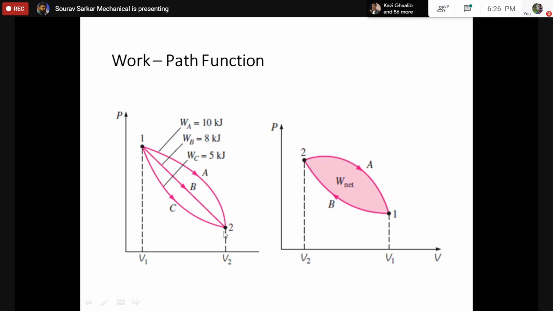So what you understood is that two different points, 1 and 2, are there. You can reach from point 1 to point 2 by several paths, and for each path you can have a different work. Like if you ask what is the distance between Jadavpur University and Ruby Park, you have to mention which path you are following.